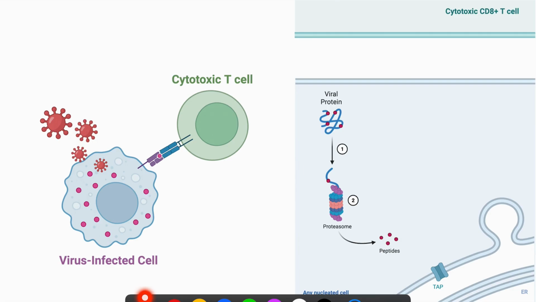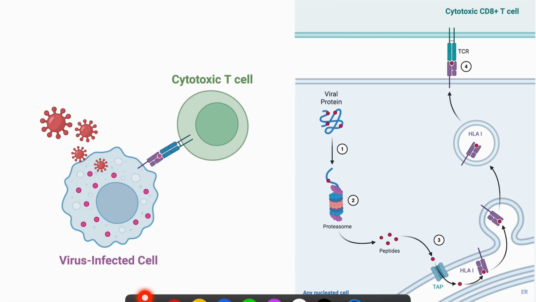Now these peptides can make their way into the lumen of the endoplasmic reticulum, where they're loaded onto an HLA molecule. And this HLA buds out from the endoplasmic reticulum into a vesicle, which fuses with the plasma membrane on the outer surface of the cell.